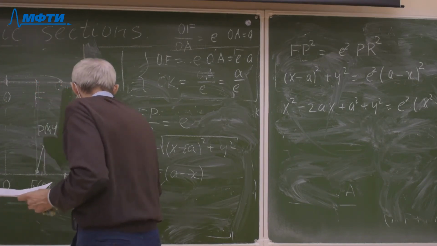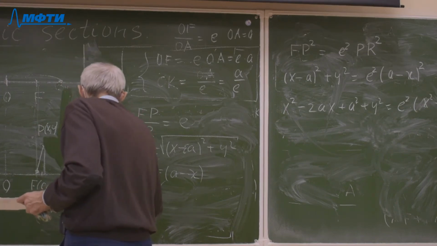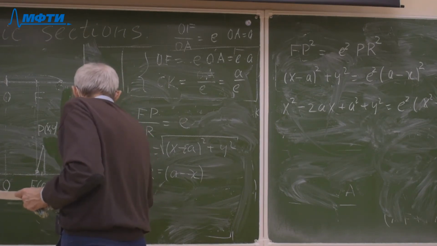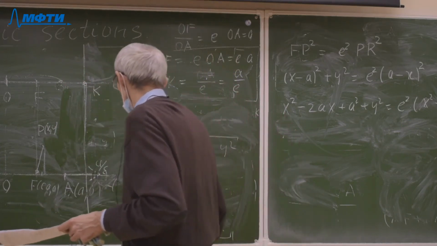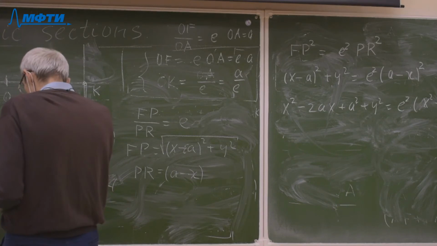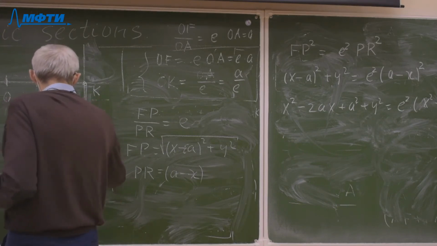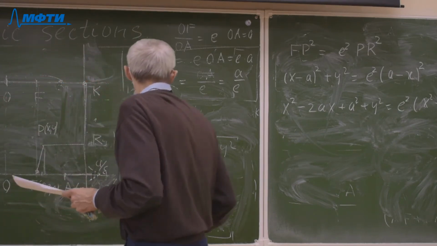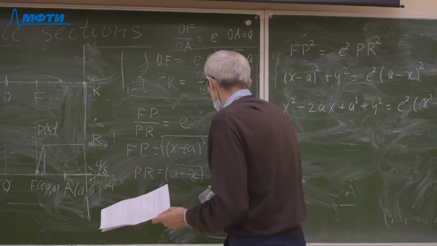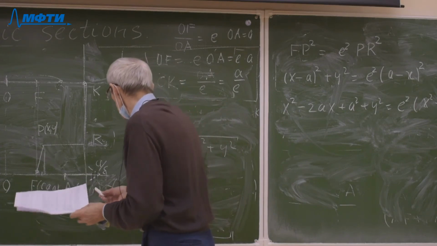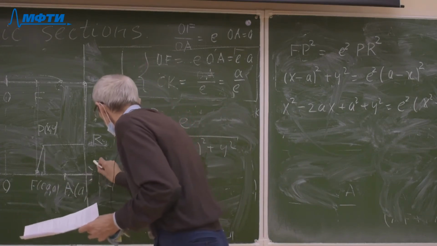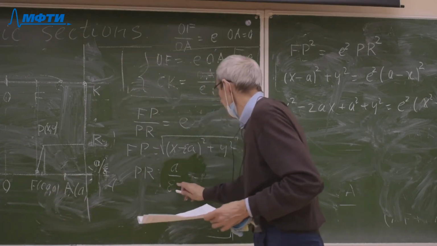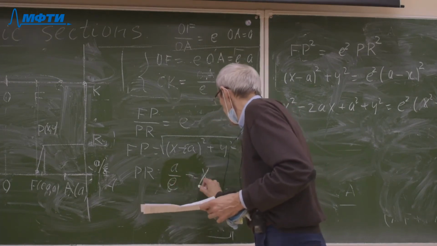And the straight line K has coordinate the ratio a to e, and this distance, excuse me, this distance is a difference, the ratio a over e minus x.